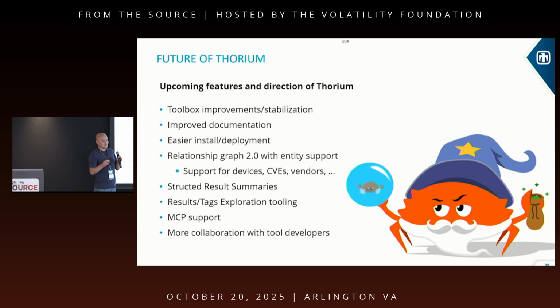We are going to be building stuff so that you can put info into tools to say, hey, this particular part of my result is important. Please pull that out so that analysts can get an easy view of it.